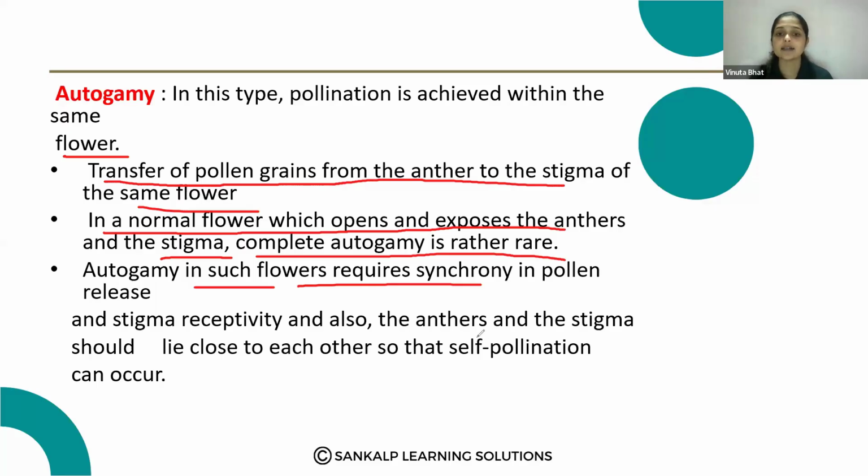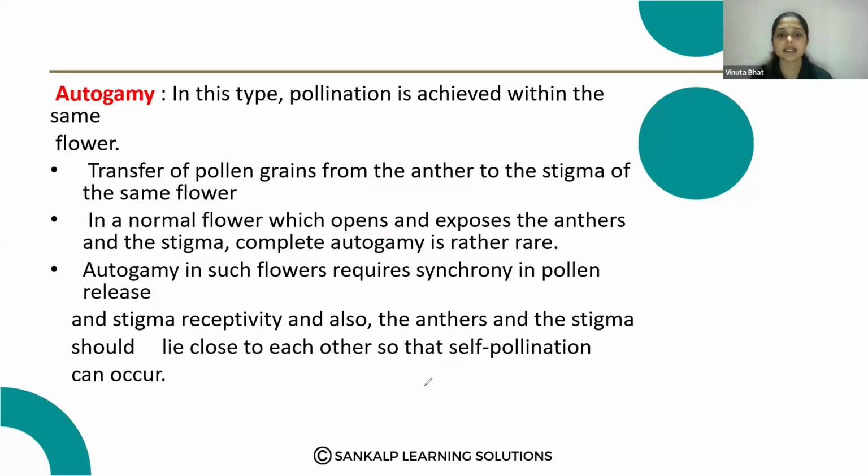And the anthers and the stigma should lie close to each other so that self pollination can occur. So autogamy occurs when the release of pollen grain and the stigma receptivity are together, there is a synchrony, and both the stigma and the anthers lie close together. Then only is autogamy possible.